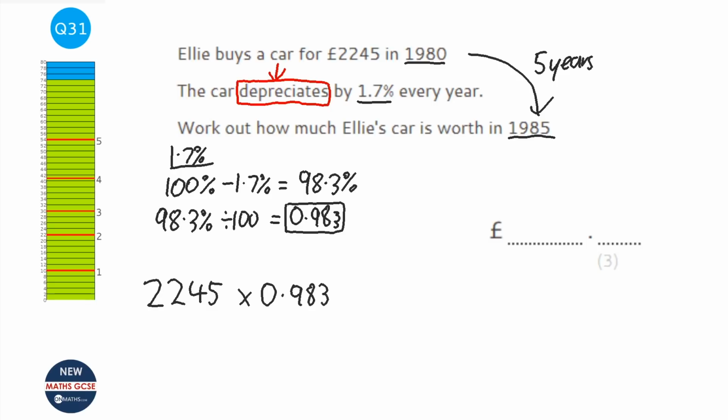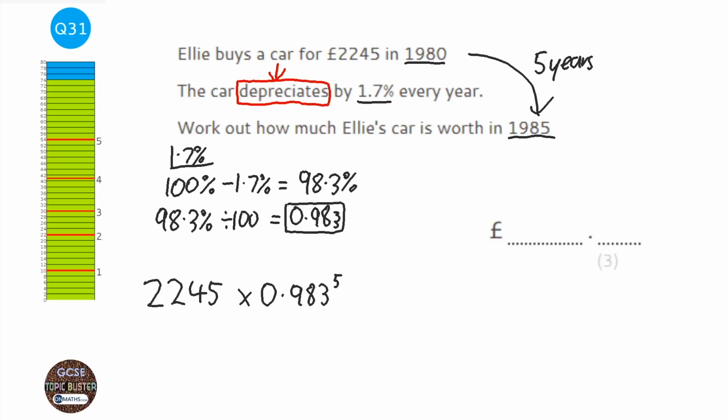But we need to times it by that amount 5 times. And instead of writing that times 0.983 times 0.983 times 0.983 5 times, I can just do it to the power of 5. You get the same answer.